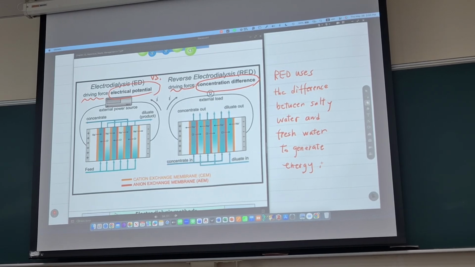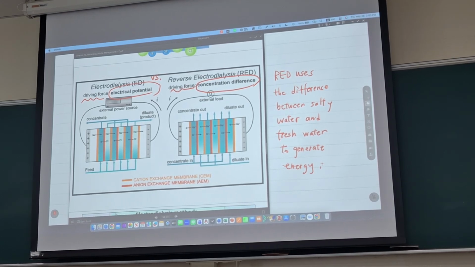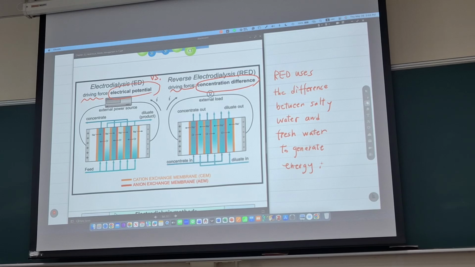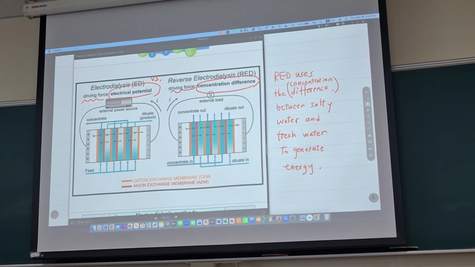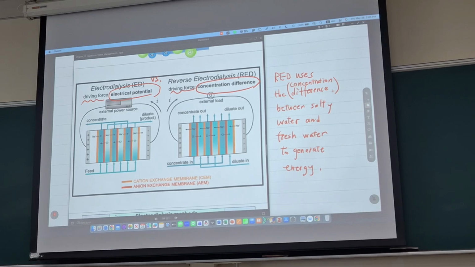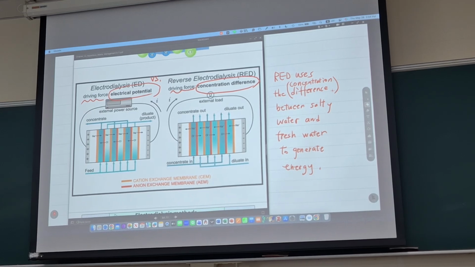It uses the concentration difference between the salty water, which means seawater, and fresh water to generate electricity.